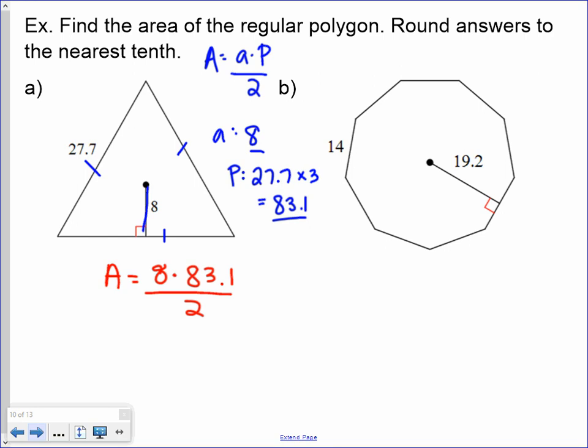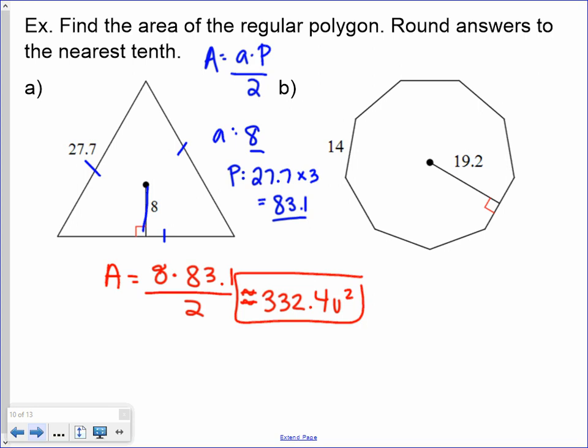Zach, what do we get when we type that in? There's no units here, so I'm just going to put units squared. Is it exactly 332.4? Okay, so I probably should have put an equal sign there. Nitpicky things, but they matter.